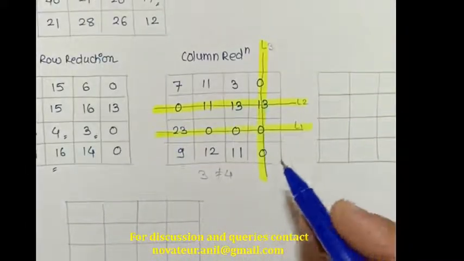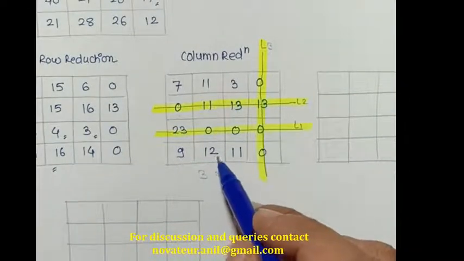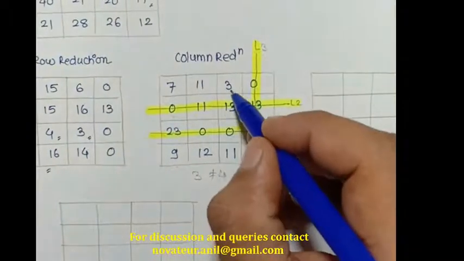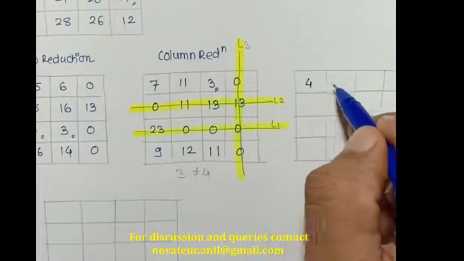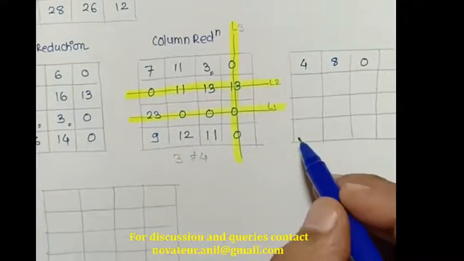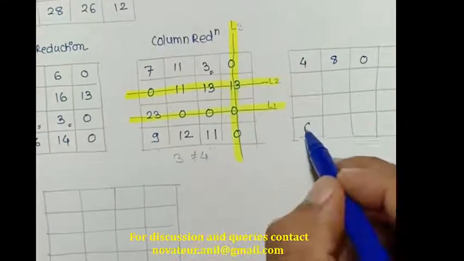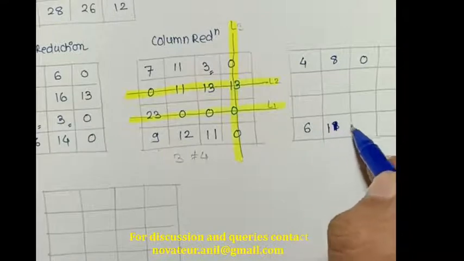My non-covered elements are 7, 11, 3, 9, 12 and 11. So my smallest element is 3. So I'll subtract it. I'll get 4, 8, 0. I'll write it down, and then here I get 6, 8, sorry, it's 11 and 8.